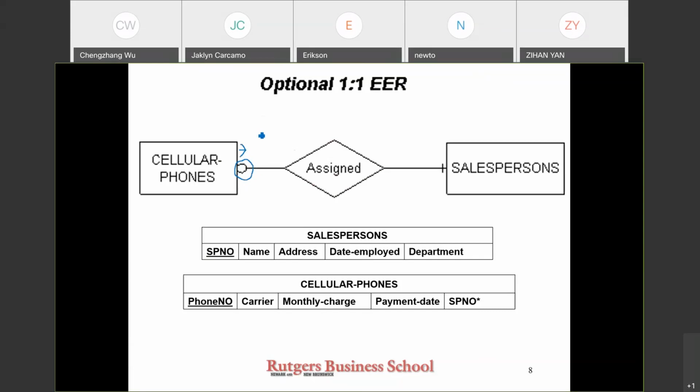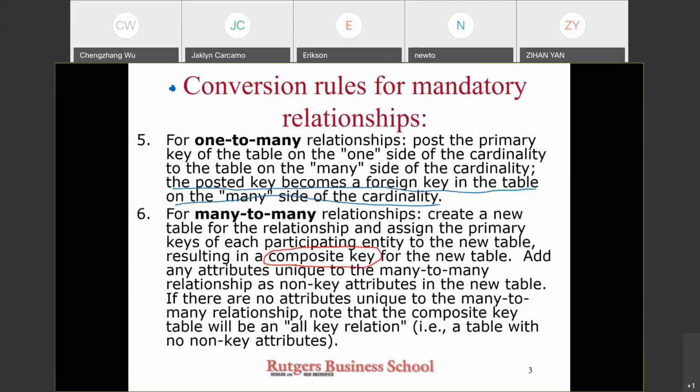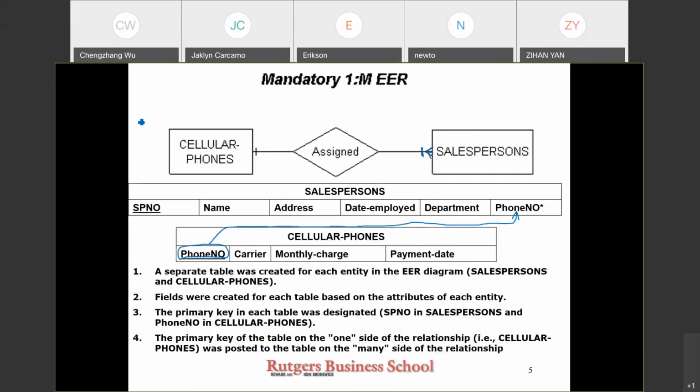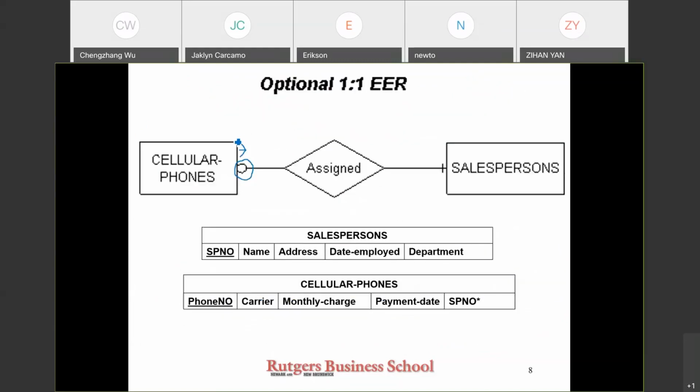So now we can convert this fictitious mandatory one-to-many relationship to tables. Well, we follow this rule, the 5th rule, mandatory one-to-many. We follow this rule, and let's take a look. Okay, we create one table for each object.